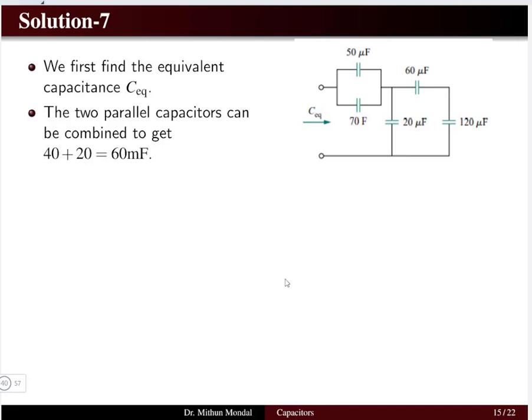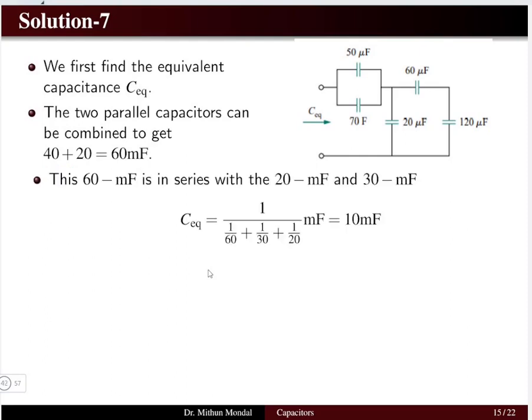Here we see that the 40 and 20 capacitors are basically in parallel combination. So you can add both to form a 60 microfarad capacitor, and then the 60 microfarad will be in series with 20 and 30. Similar to the previous problem, we can easily solve this.